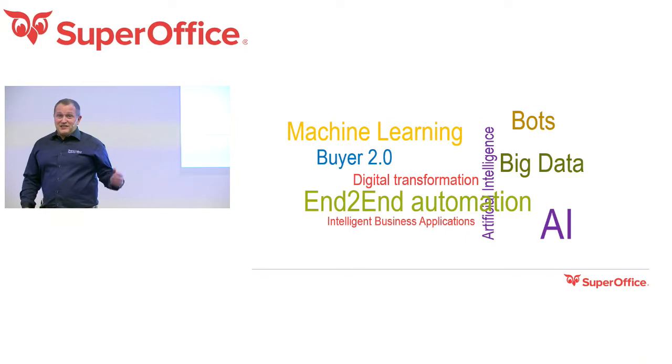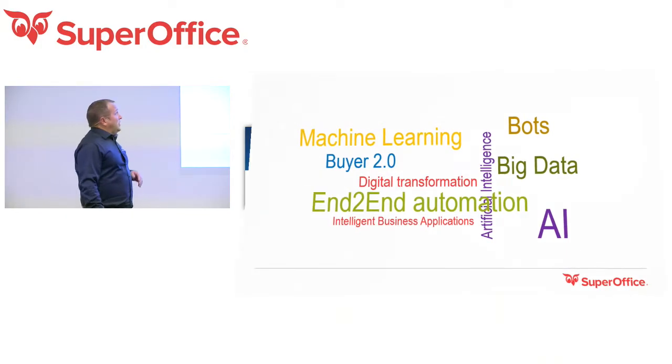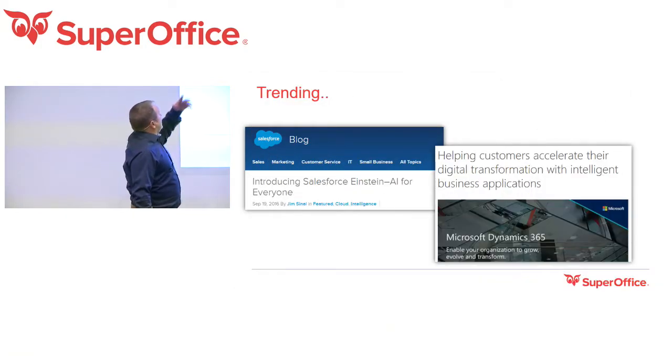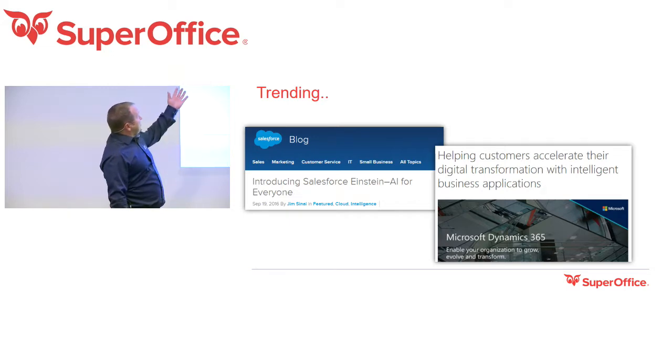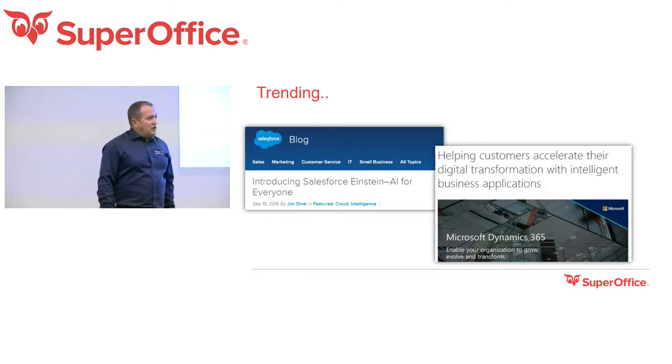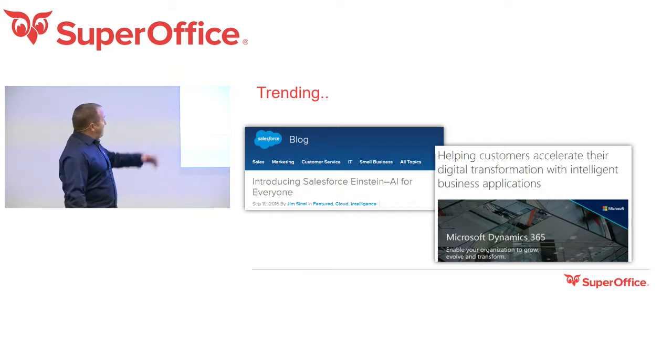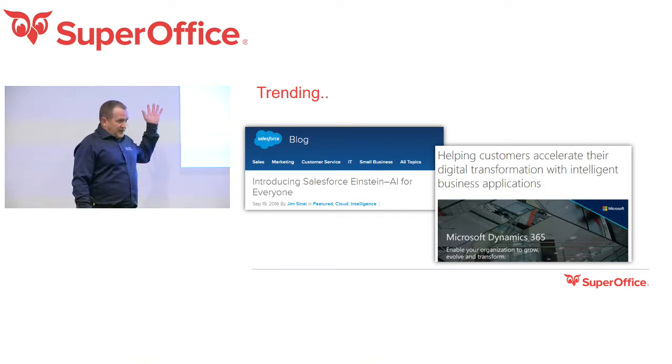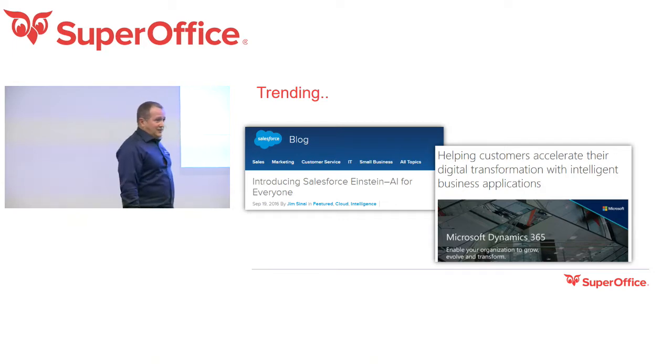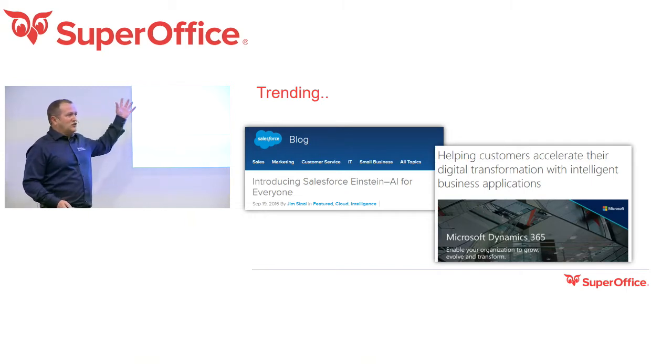The industry is massively pushing it. Salesforce are introducing Salesforce Einstein, artificial intelligence for everyone. It's an interesting thing when they launch it. I haven't dug into the detail of what it actually is. They probably don't know it themselves, but they have launched it.